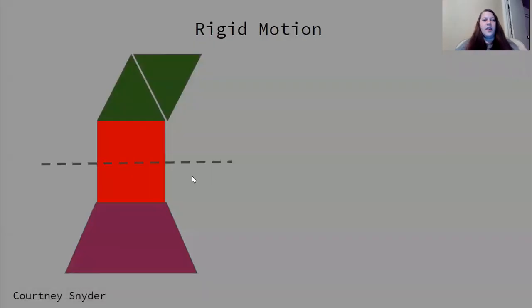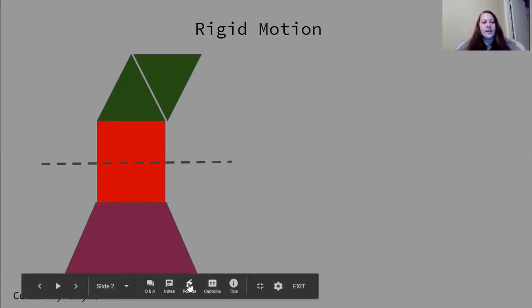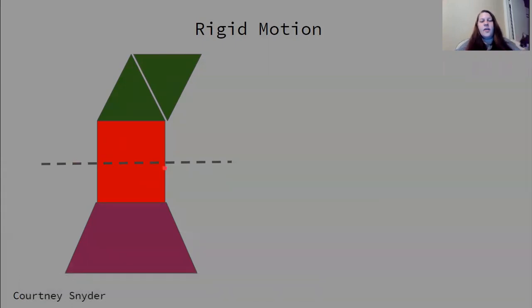All right, we are going to start with rigid motion. What the question asks is we have this line of symmetry right here, and they want to know what this figure would look like if it's reflected over the line.